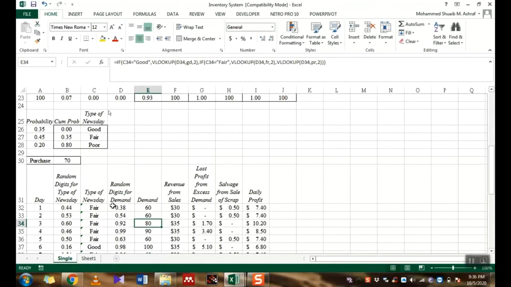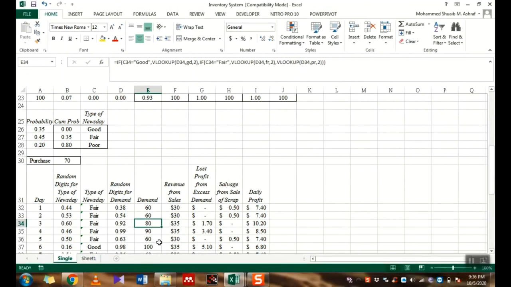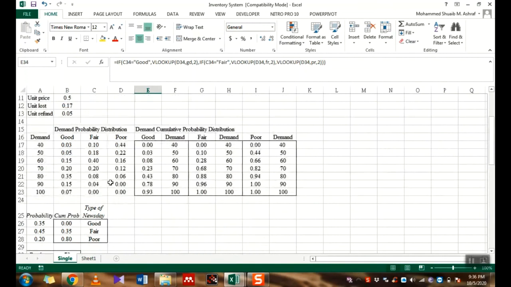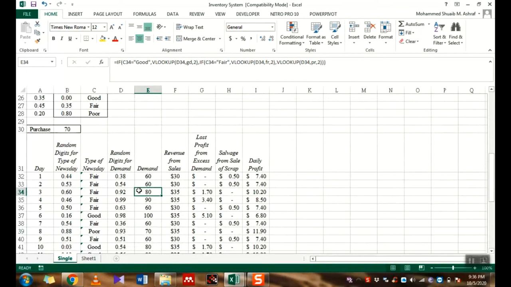We have 70 newspapers, the demand is 80, which means we could have sold 10 more newspapers. So 10 multiplied by the profit on a unit, 0.17, 17 cents. We make a profit of 17 cents on 1 unit, so 17 cents multiplied by 10 is the lost profit from excess demand.